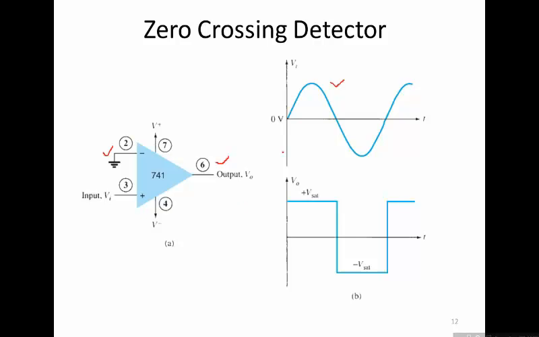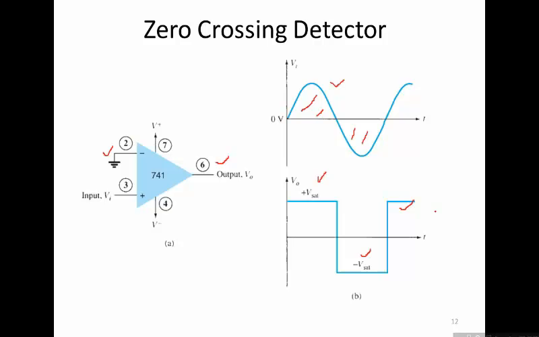So in this case, whenever the signal goes from negative to positive and stays positive in this region, the output would be high, and whenever the signal crosses 0 and stays negative, the output would stay at negative saturation or at low level, and again when it crosses 0 and becomes positive, the output goes high again.